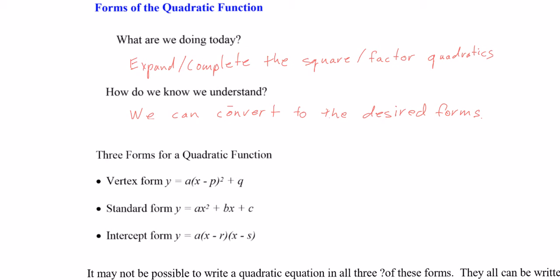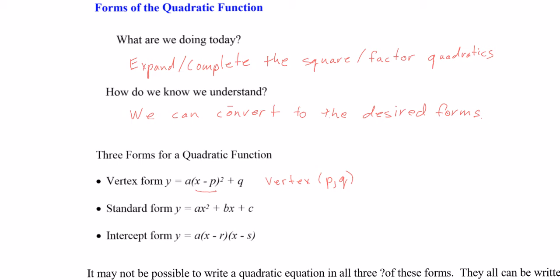Now, there were three forms that we've actually studied in this unit. We lately just studied the vertex form, which is this, where the vertex was (p, q). Remember, anytime we have x minus p, it's the opposite of what we have for p.